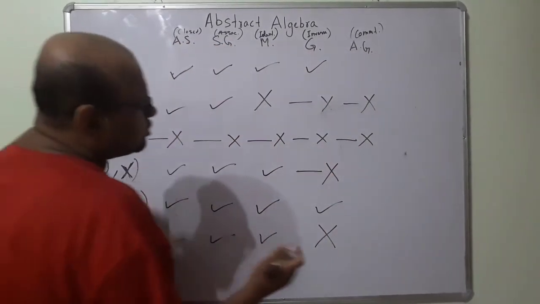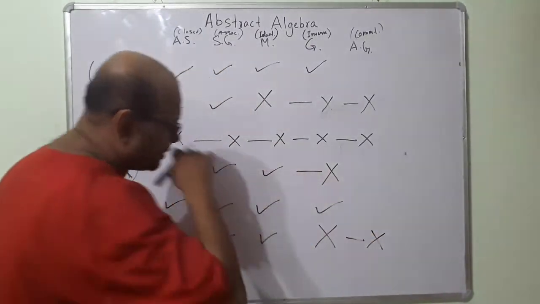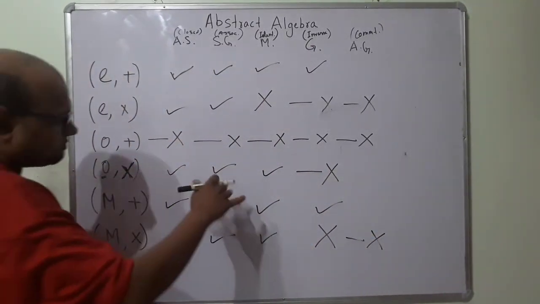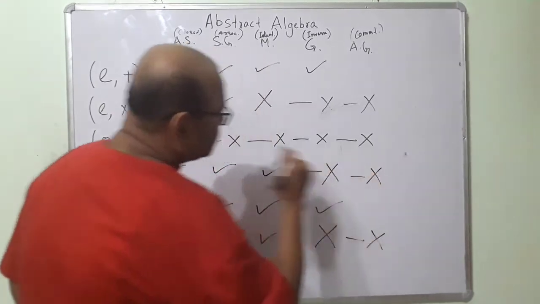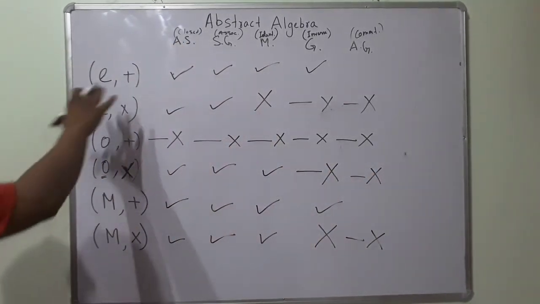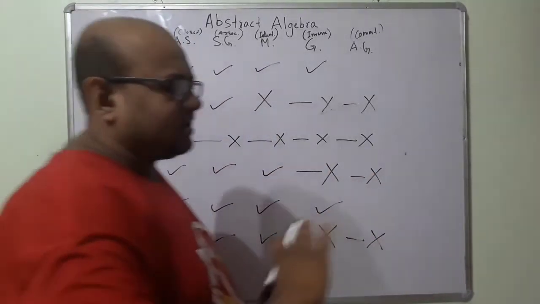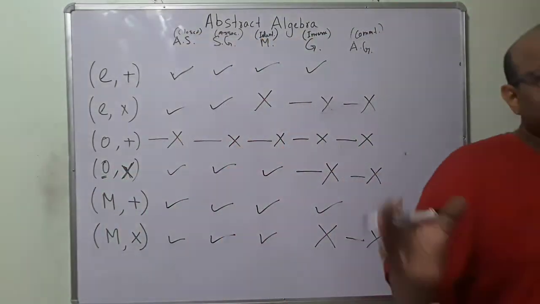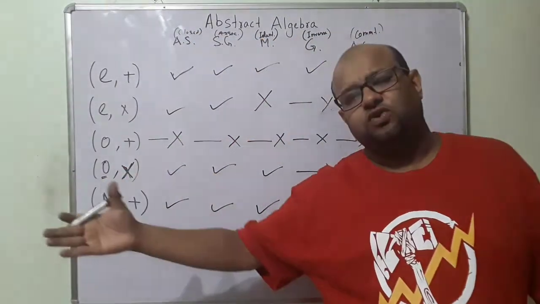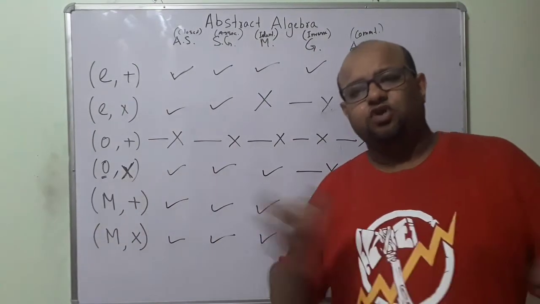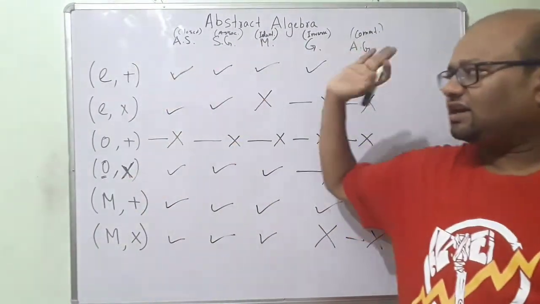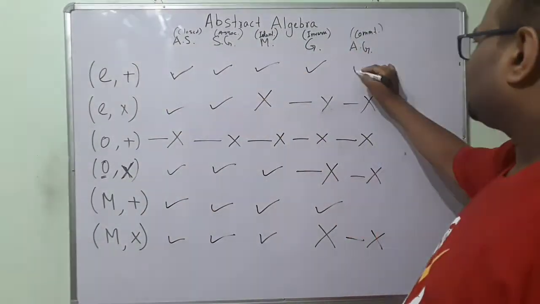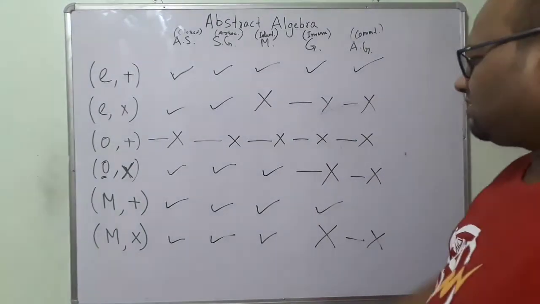Since it's not a group, it's not an abelian group. Similarly, odd numbers under multiplication is not an abelian group. Now even numbers under addition are commutative. If you add two even numbers, 2 plus 4 is equal to 4 plus 2. Addition under any numbers is commutative.